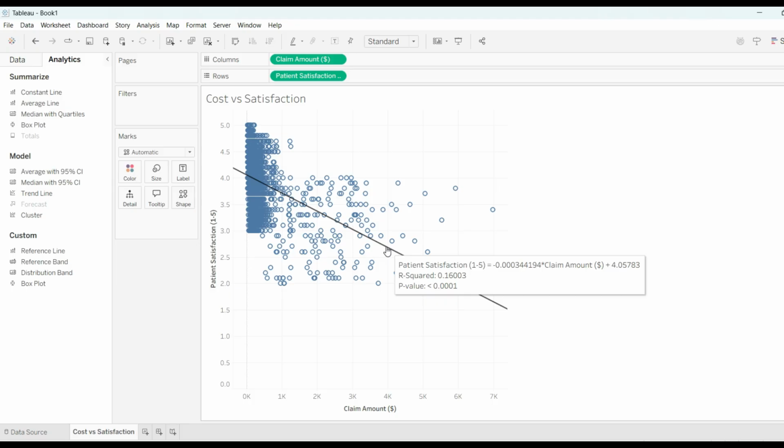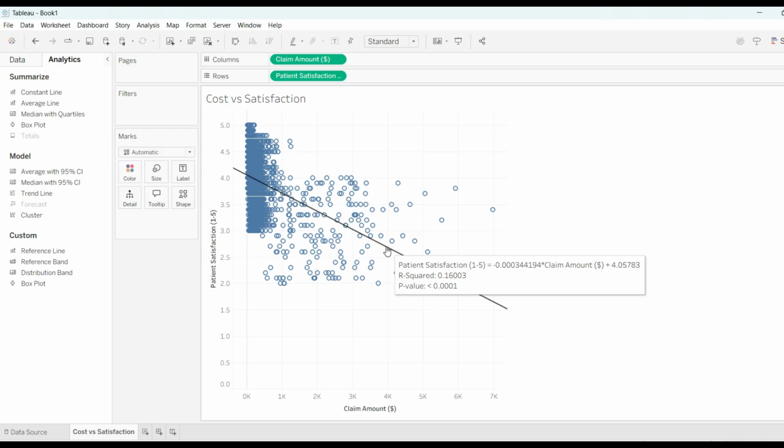Anyhow, so let's talk about this p-value that we're seeing right here. It's telling you whether the relationship is statistically significant, meaning that it is unlikely to exist by random chance alone. With 2,000 data points, you will see a very small p-value, less than 0.0001. Okay?